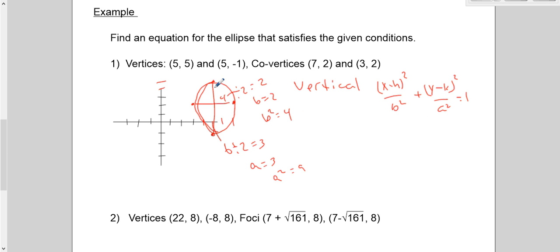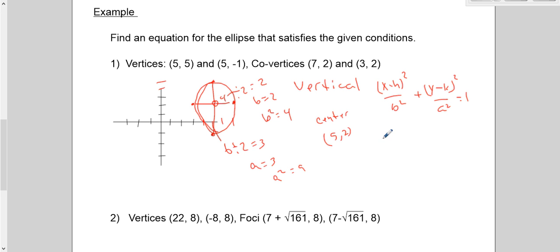To find my center, if I draw the major and minor axis, I can locate my center right there, which is at 5 units on the x and 2 units on the y. So my center is 5, 2.